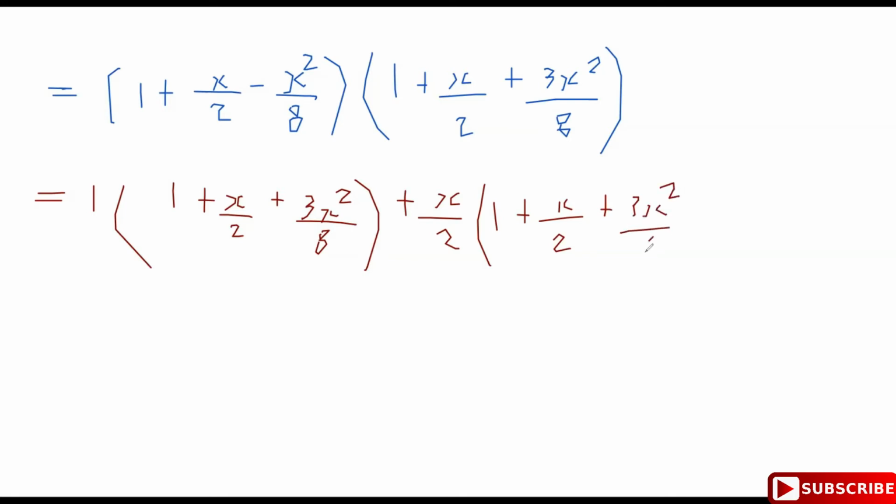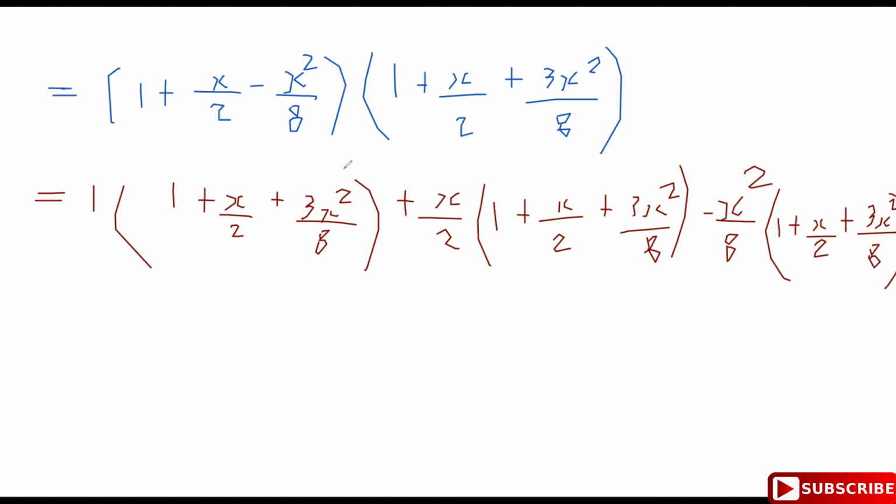And then finally, we're going to multiply minus x squared over 8 times everything in this bracket, which is still just 1 plus x over 2 plus 3x squared over 8. That's what we do.